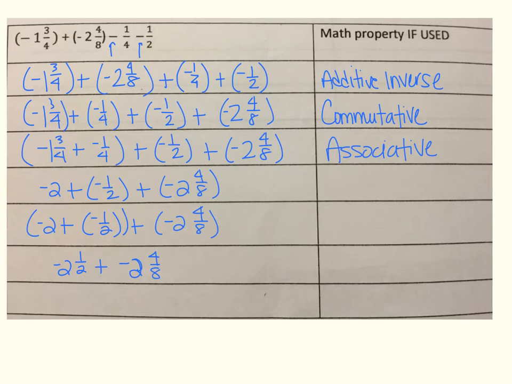And then all I have left to do is that problem right there. So don't forget, this was simplify. The next one was associative, again, because I grouped the negative 2 and the negative 1/2. This one, again, is simplify. Simplify is when I'm actually solving and combining the numbers that I'm grouping together.